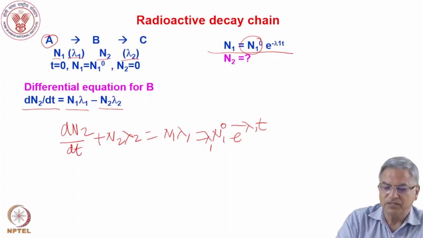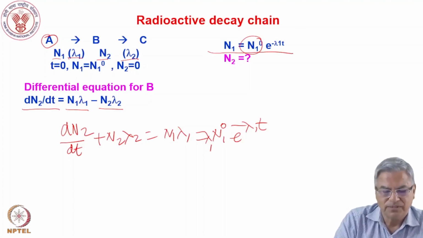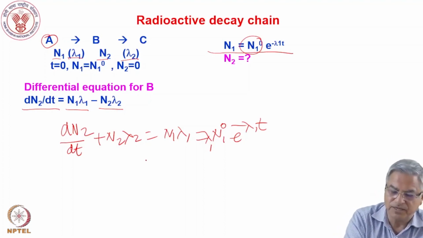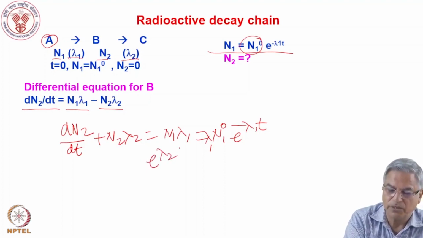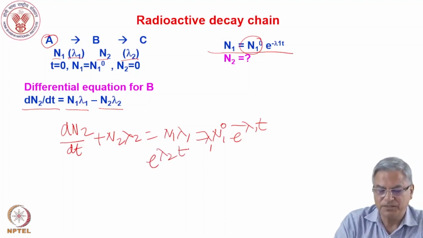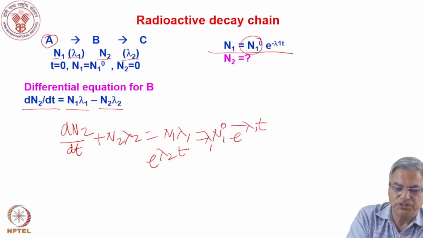For such a differential equation there is something called the integration factor. This is e raised to lambda 2 t. If I multiply both sides of this equation by this factor, it becomes easy to integrate.